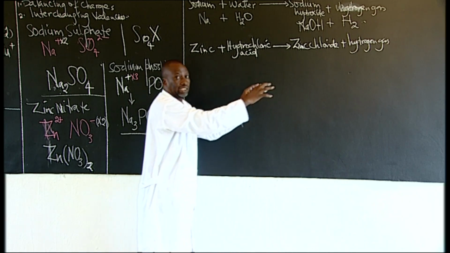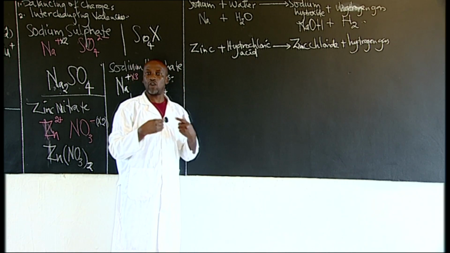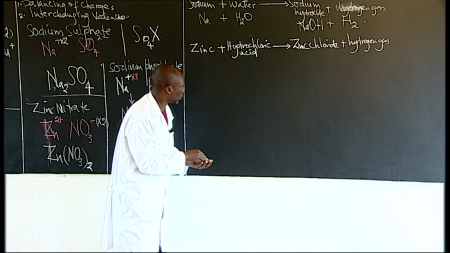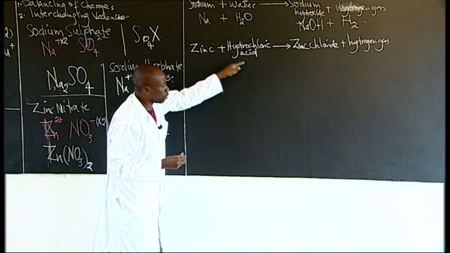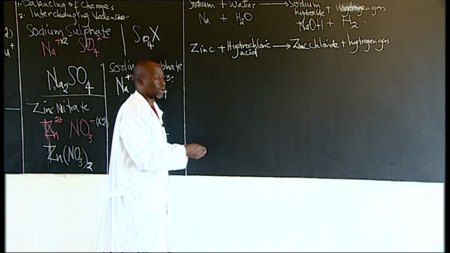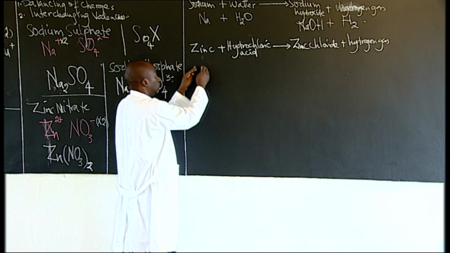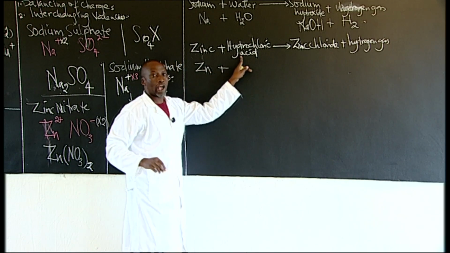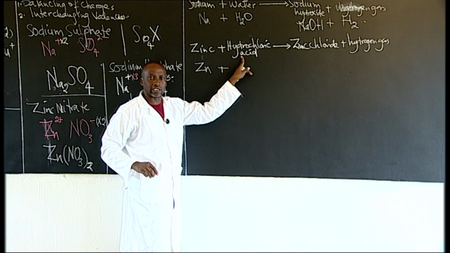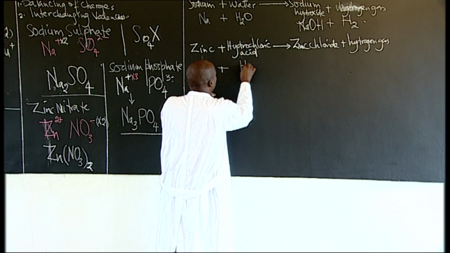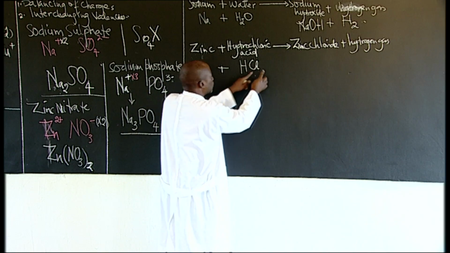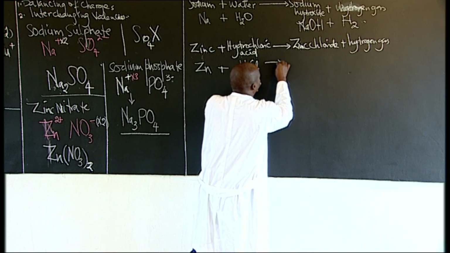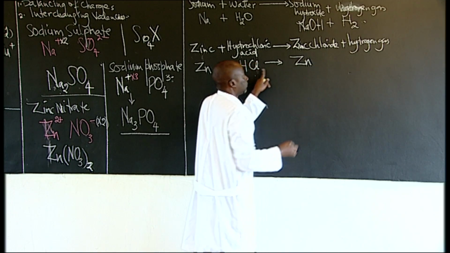This is a word equation. How do we convert it into a chemical equation? You need the symbols to write the correct formula. What is the symbol for the zinc? You have, this is zinc plus, how do we write hydrochloric acid? HCl, small l, and then giving zinc.